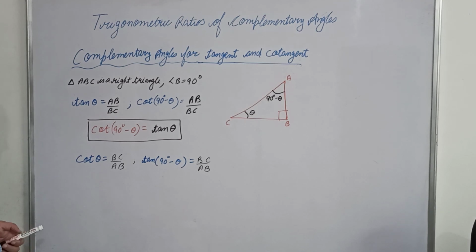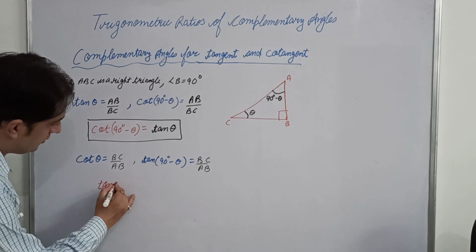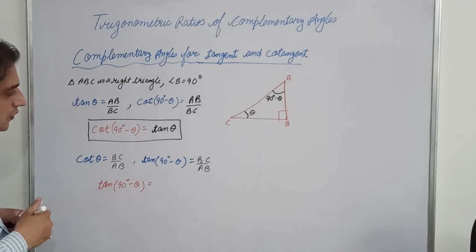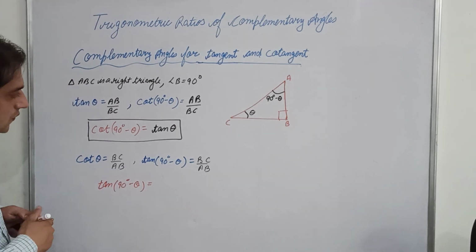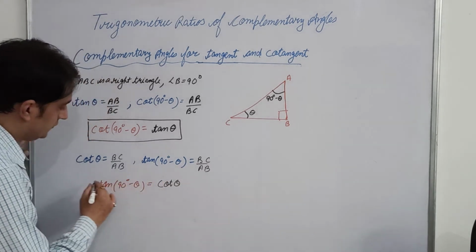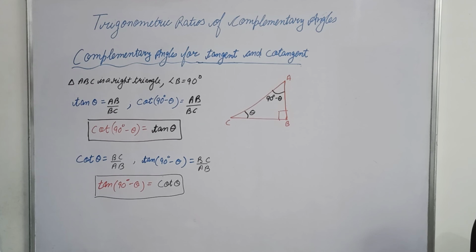So you can write tangent of 90 degrees minus theta is equal to cotangent theta.